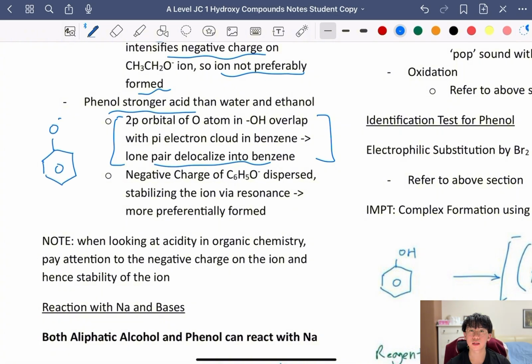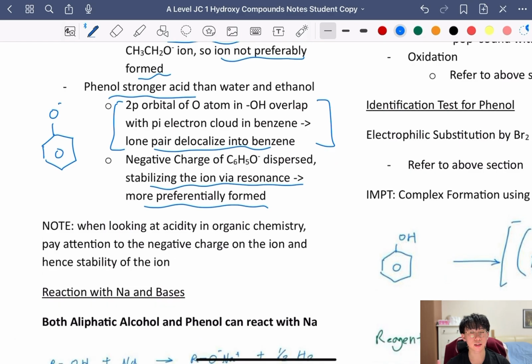Because of this, your negative charge can actually get delocalized into the benzene ring because the lone pair is delocalizing into the benzene ring. Your negative charge is going to get dispersed, and therefore, it's actually more stable for the ion because of resonance. And therefore, this ion is more preferentially formed. So the phenol will more likely dissociate to give H+ and this ion over here.